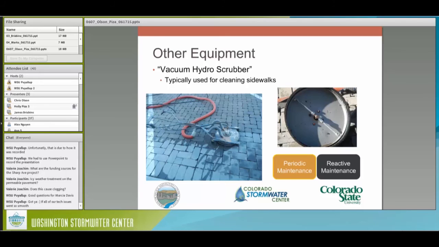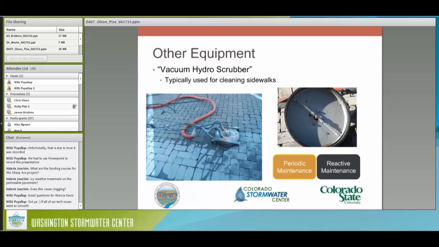The ICPI doesn't recommend pressure washing for PICP because it has a problem with moving sediment down further into the pavement. I've had a lot of luck with this type of maintenance on very clogged porous asphalts, which I never thought could be restored.